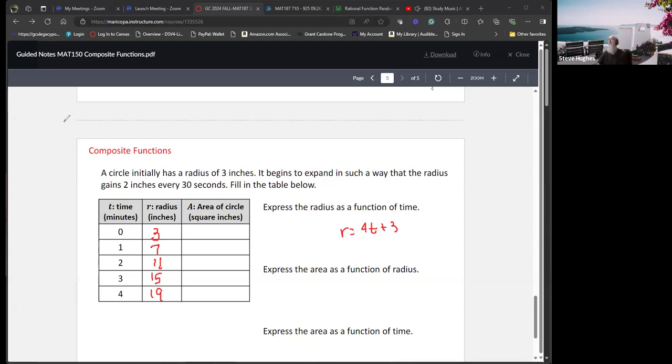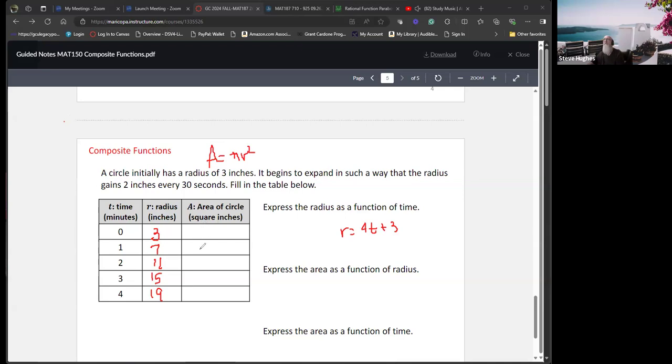Well, that begs the question of what's the area of a circle, right, everybody? That's the question. What's the area of a circle? Area of a circle is pi r squared, right?